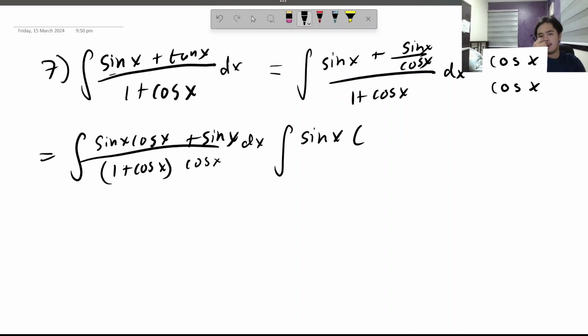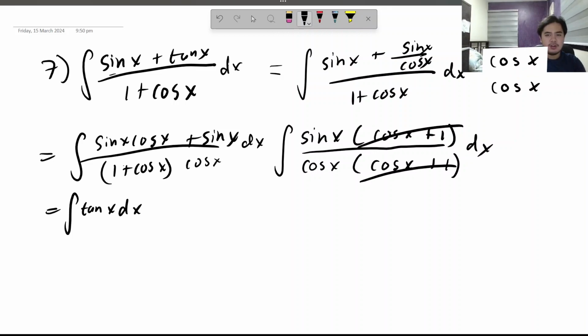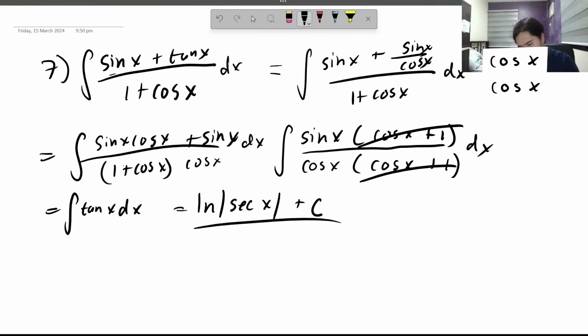We can factorize sine x. This becomes cosine x plus 1 over, let's just put cosine x here, then let's just flip the cosine x plus 1 for no reason. And look at that. Cancel, cancel, whatever. This becomes sine x over cosine x, which we know is just tangent x. And if you know your integrals, this is just ln of secant x. Let's see. Nice.